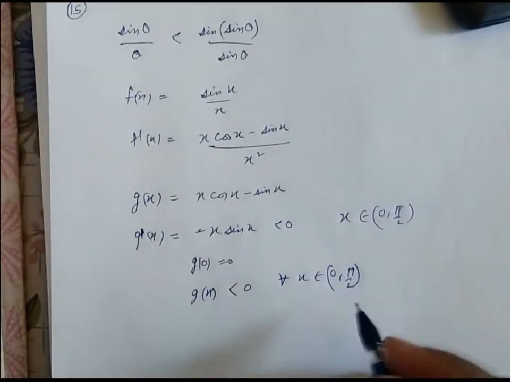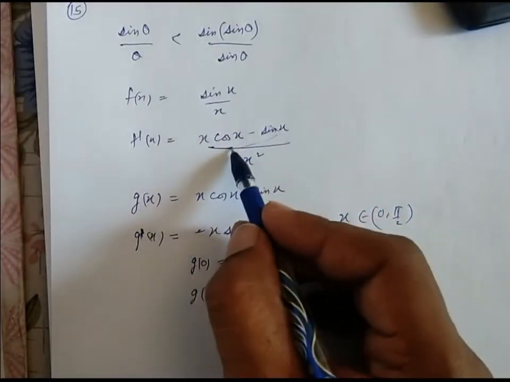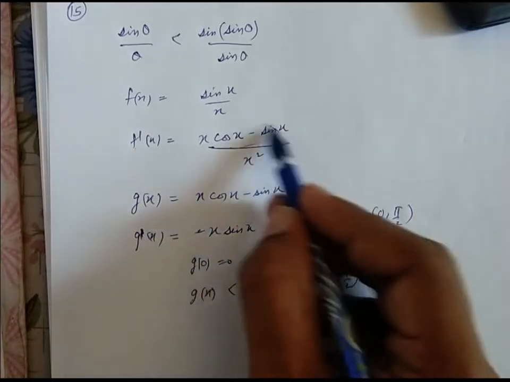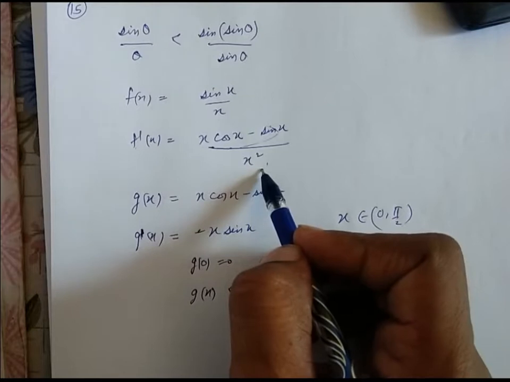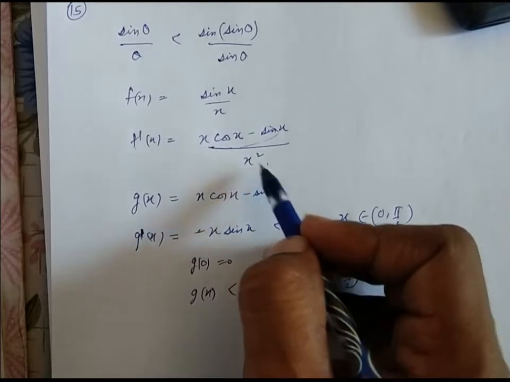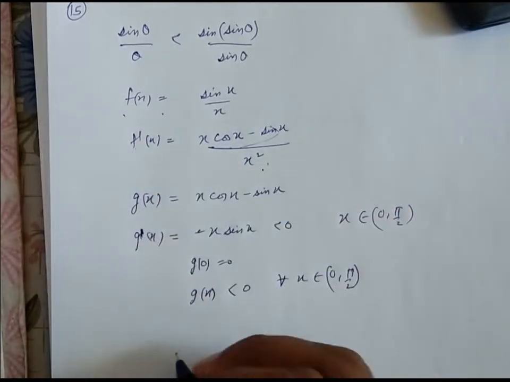Okay. And if g(x) is less than 0, then f dash is going to be negative. And if f dash is negative, then f is decreasing.